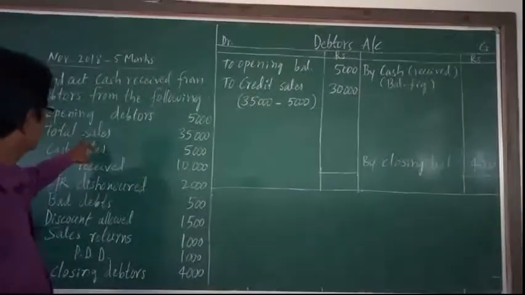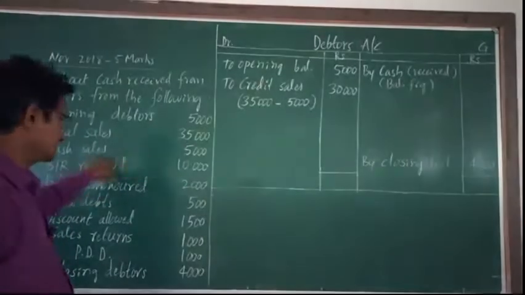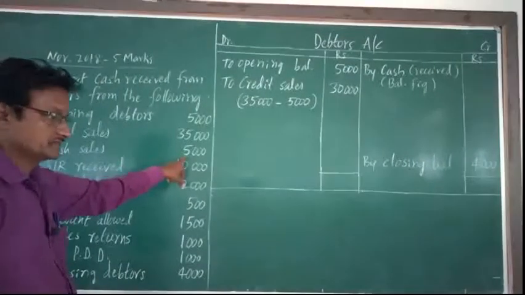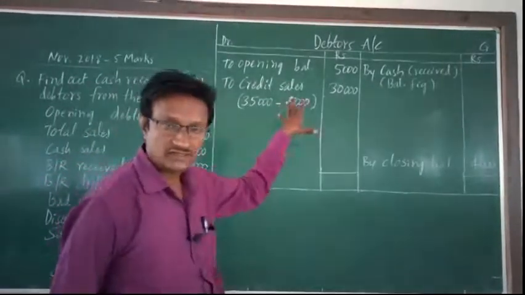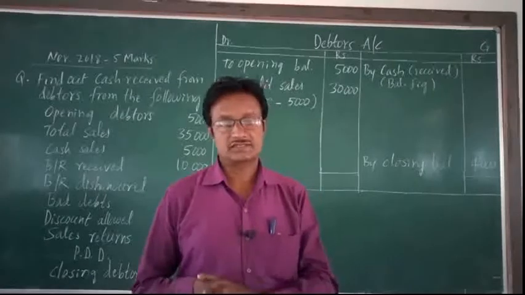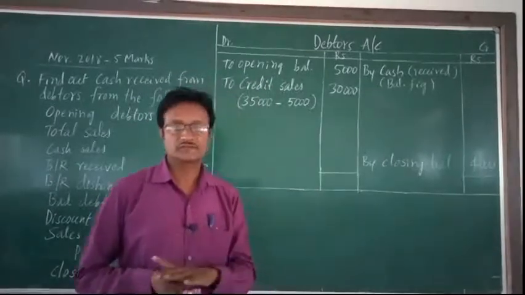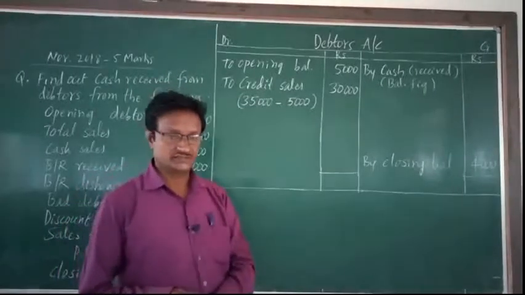Next, the total sales is 35,000 and cash sales is 5,000. Cash sales is not related to debtors account. It is straightway entered in the cash book, but it helps to ascertain credit sales.